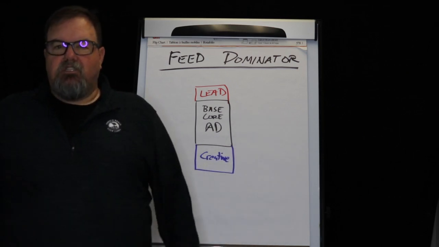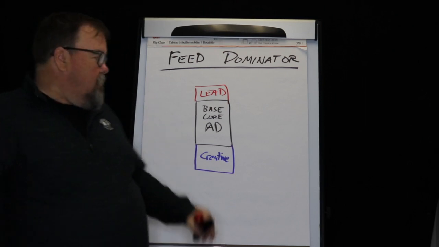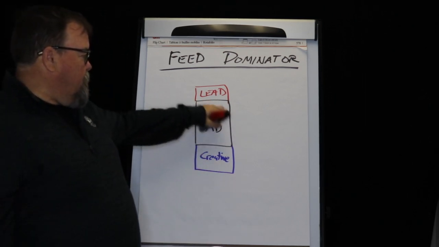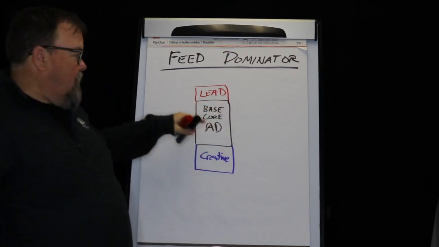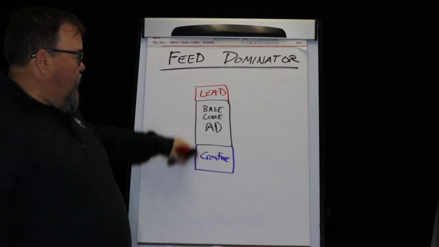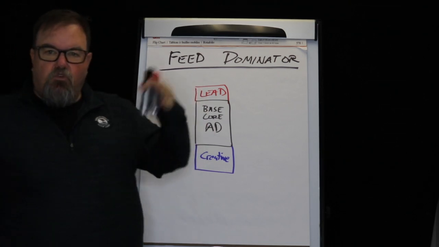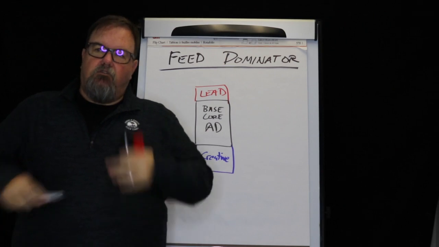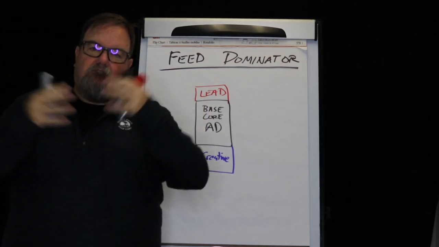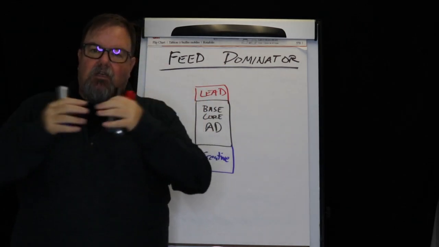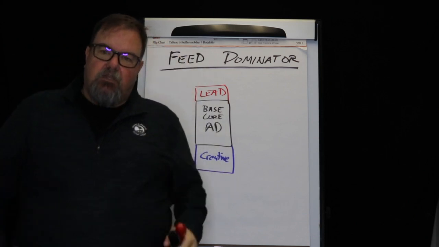There are only so many ways you can say it until you start running out. So I came up with this idea of the main part being the same every time, but just changing the creative and the lead to give you some variety so that it feels like a different ad every time, but the real advertisement is the same.